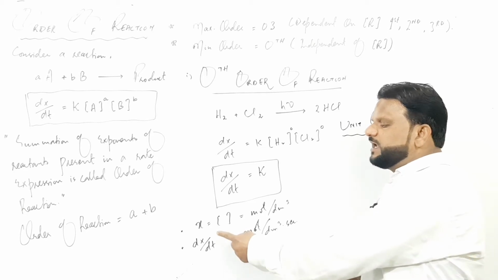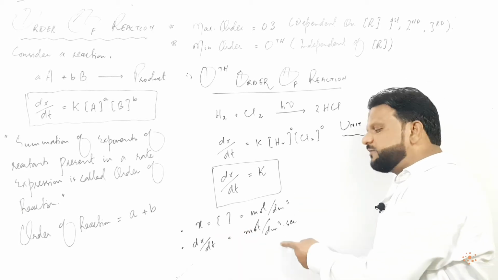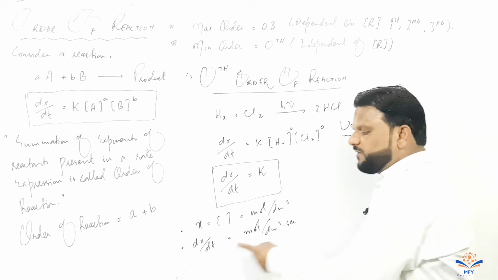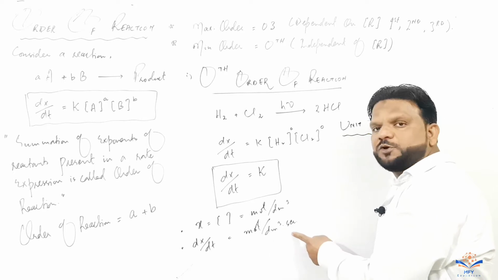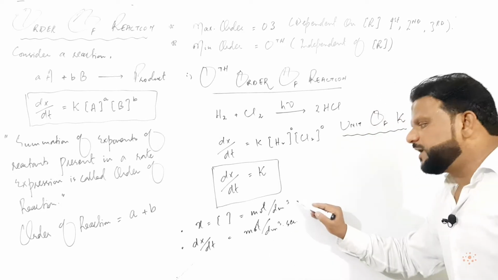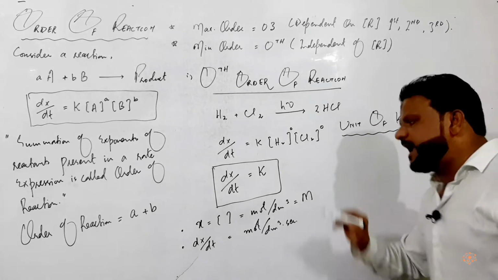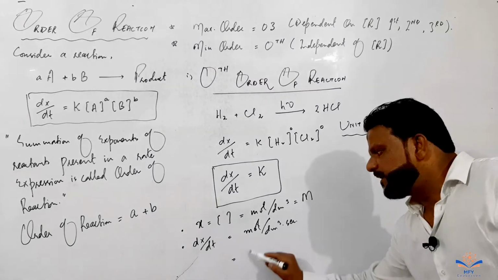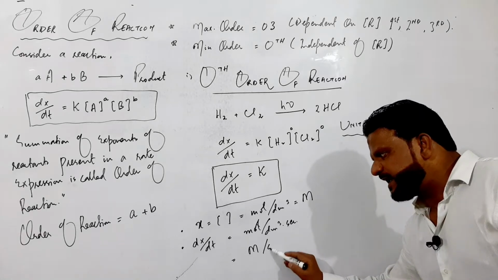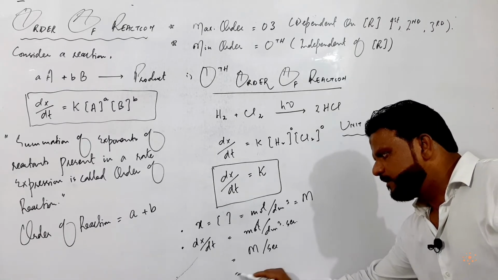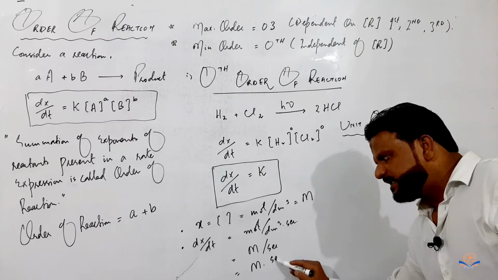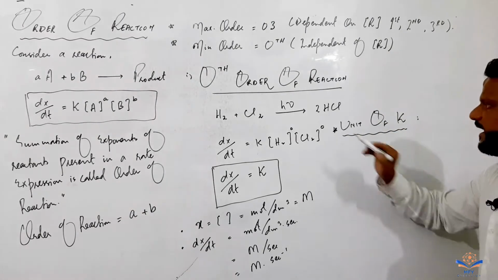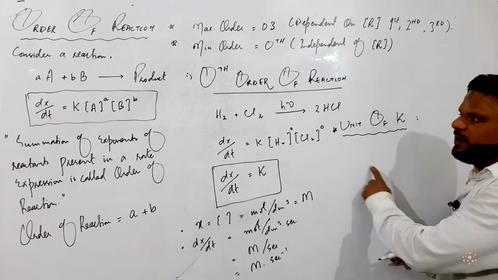Change in concentration means mole per dm cube, per unit time means second. So the unit of rate of reaction will be mole per dm cube per second. Mole per dm cube can be written as M. M means molar. So this unit will become molar per second or molar second inverse.